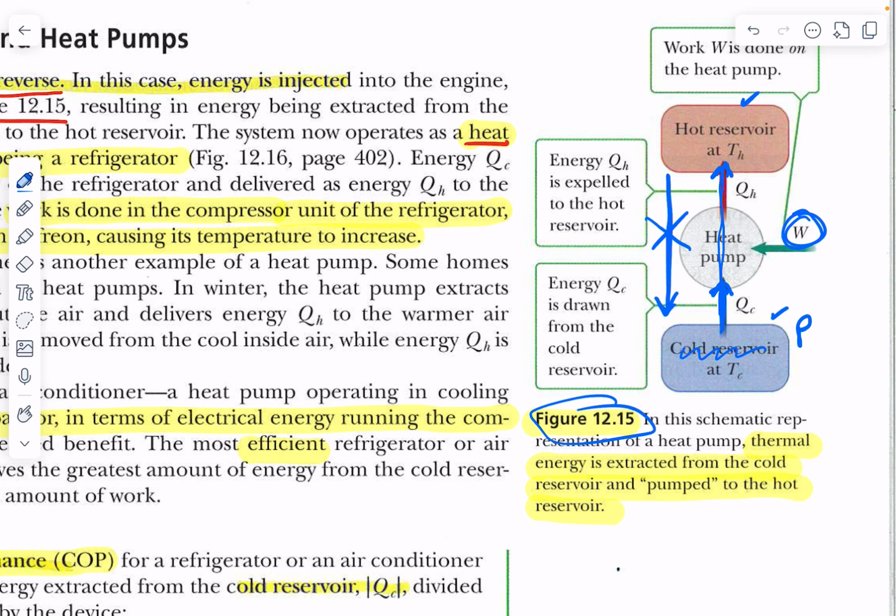The coolant is then compressed by the compressor, and it goes back into the cold reservoir, where it picks up the little bit of heat that is there, causing the coolant to expand, going from a liquid back to a gas. And then it goes back outside the refrigerator or freezer, and the process goes on and on again.